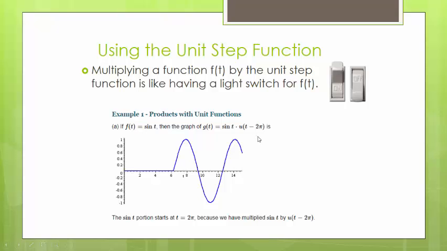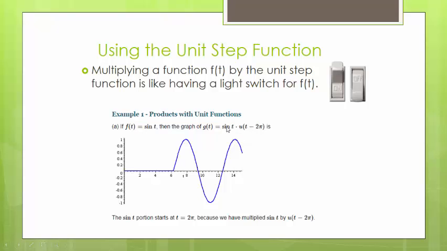Another example of this: if I were to take a function f of t equal to sine, you should be familiar with the graph of sine, and I were to multiply it by the unit step function, evaluated here, you'll notice a is 2 pi. Again, the light switch: if t is less than 2 pi, then this function is completely 0.